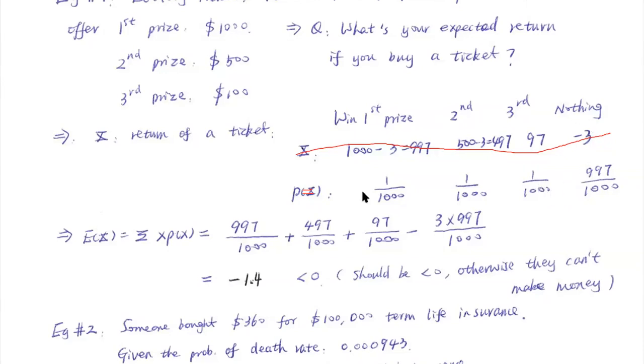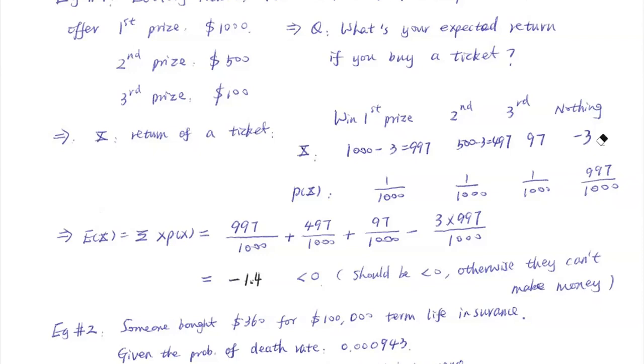Now, what's the probability for us to win nothing? Previously, 1 over 1,000, what's that? It's 0.1%. That's pretty low. It's not 99 point some percent. It's 0.1%, very low. Same as the second prize, 0.1%. The third one, 0.1%.